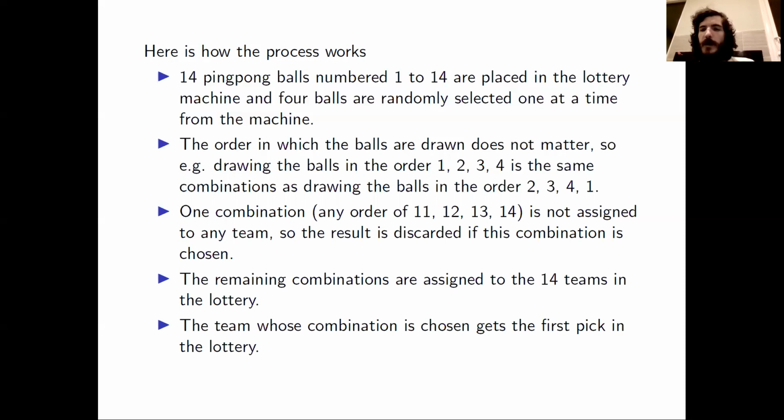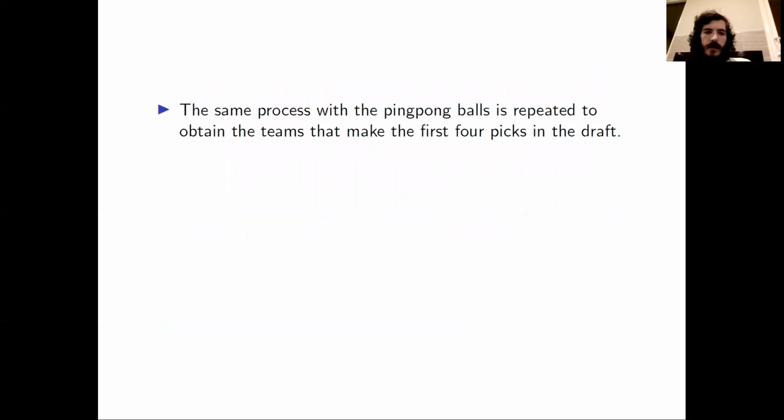The team whose combination is chosen gets the first pick in the NBA draft. And then we repeat the same process to determine the first 4 picks in the NBA draft.